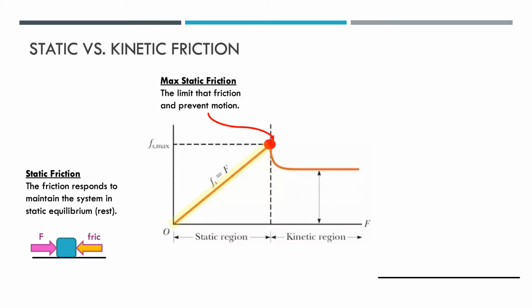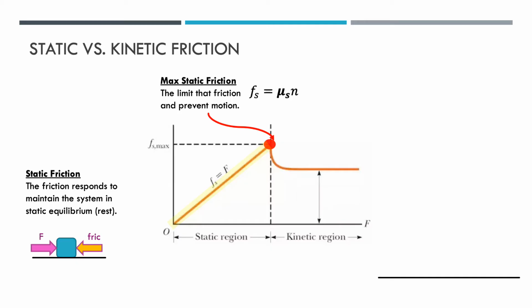However, static friction has a limitation. There is a certain point to where the static friction can no longer keep the object at rest. That's called the maximum static force. And the equation for that one point on the graph is the static friction equals the coefficient of static friction times the normal force.